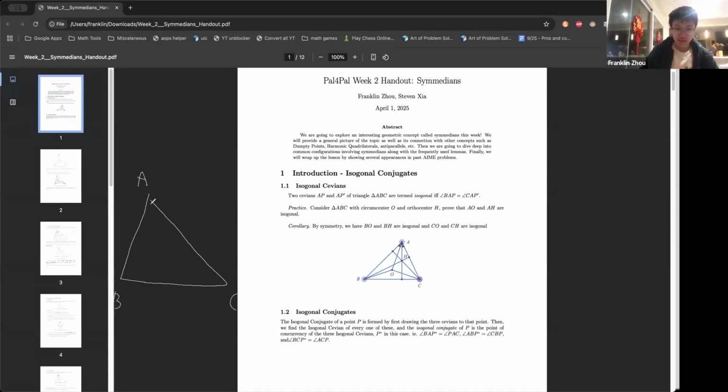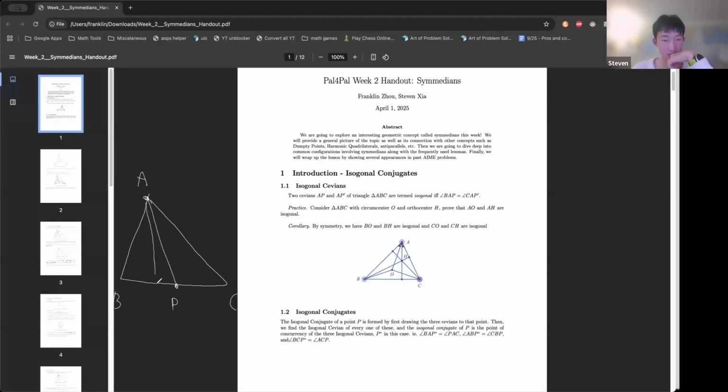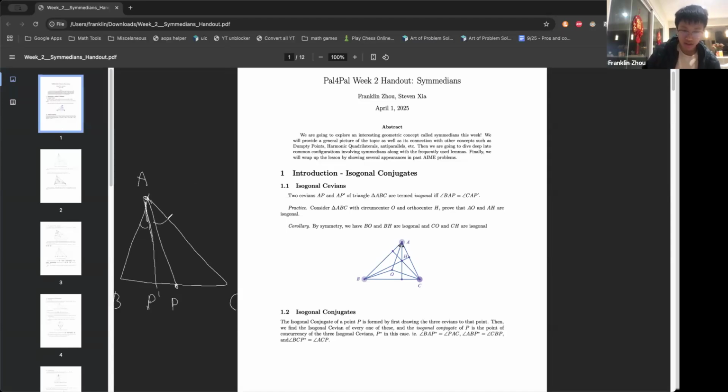And you know what a Sevian is, right? It's basically a segment that comes from one of these points and goes to the opposite side. Let's make two Sevians that go to P and P prime. Now we call the Sevians AP and AP prime isogonal if and only if this angle is equal to this angle.